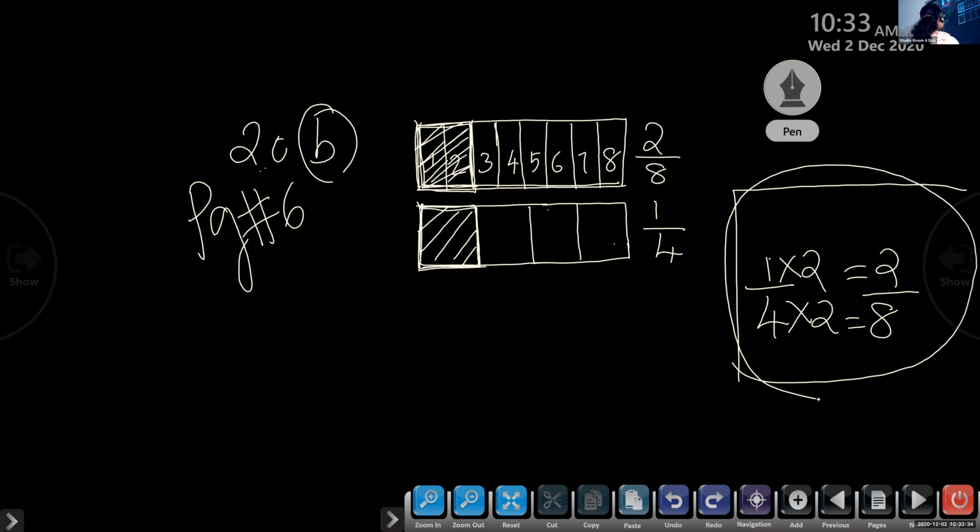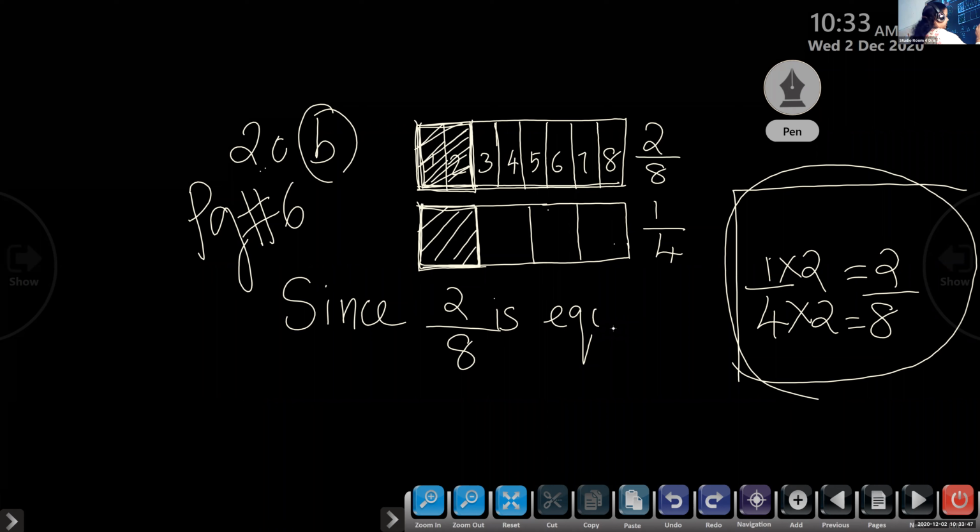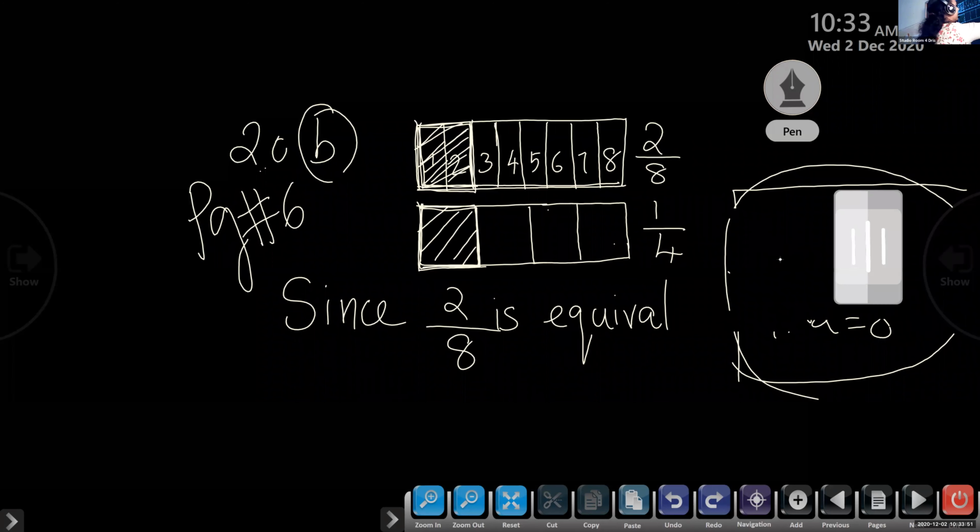So children, we can write: since 2 by 8 is equivalent to 1 by 4. This no need to write. We can write only one method.